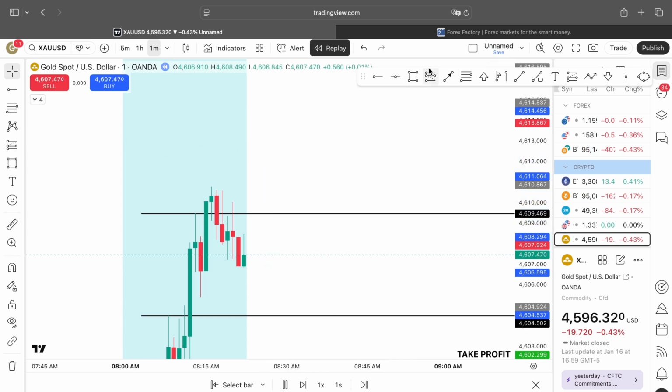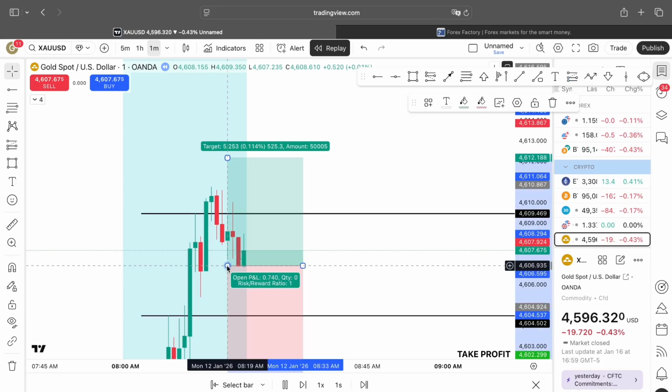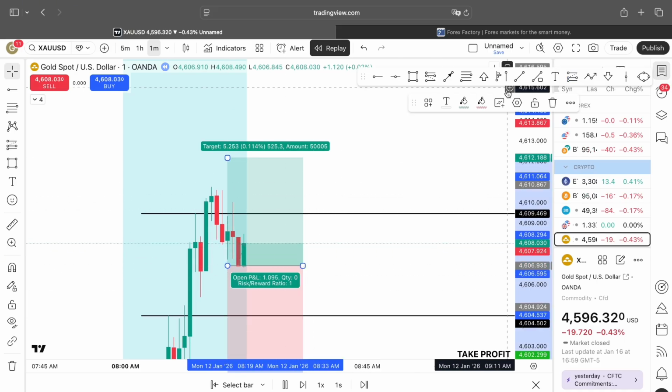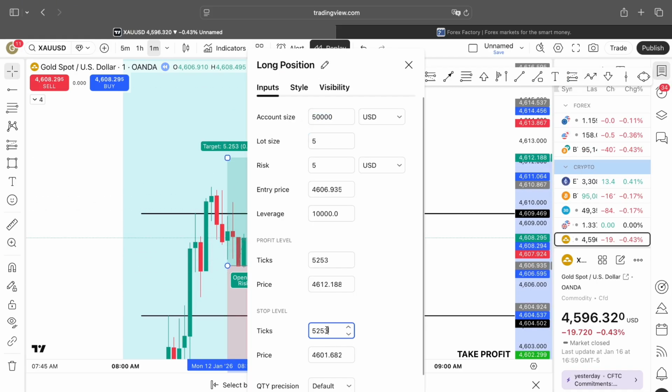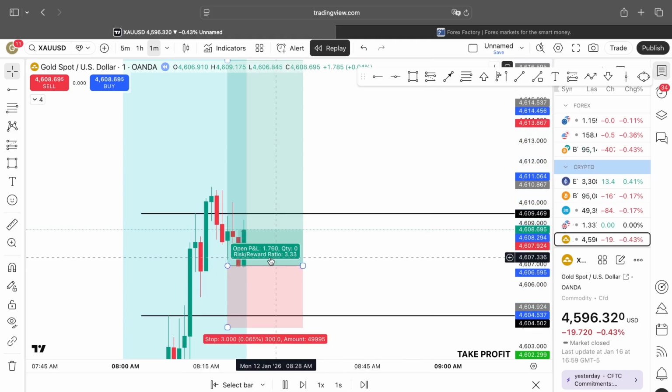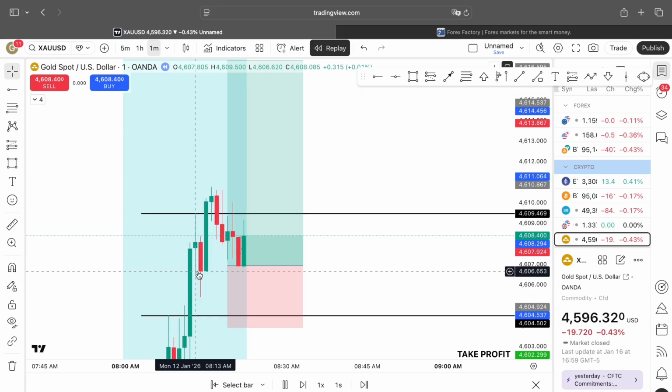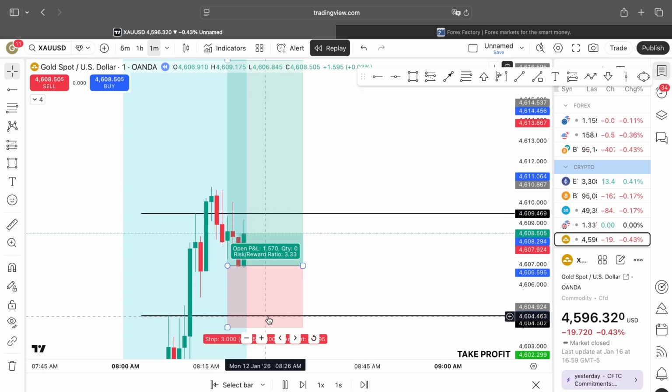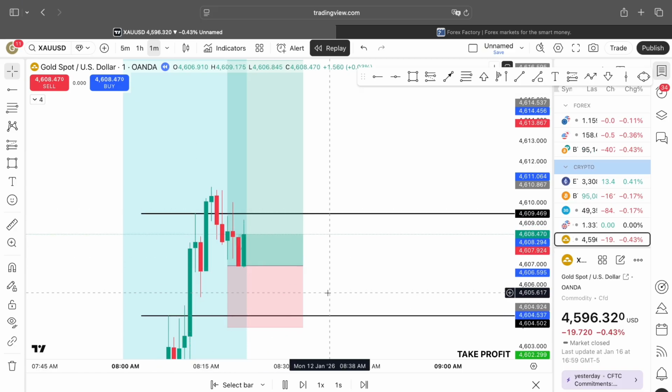So this is the entry. I'm going to just put this here to show that we could have taken this one. Boom. Definitely an entry. Came, hit this, bullish engulfing up. Definitely an entry.